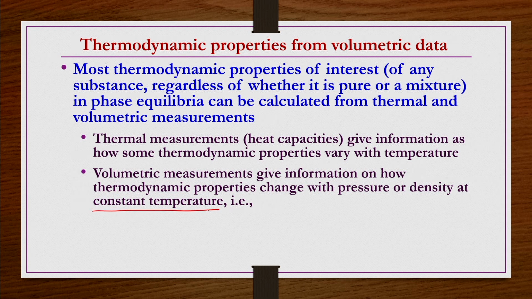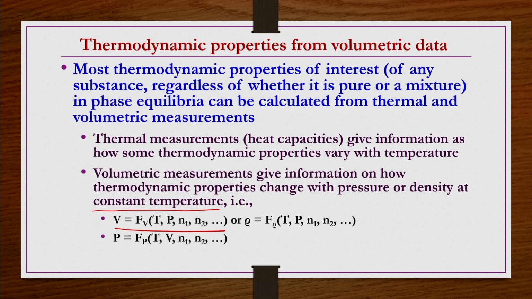Okay. That is, if you have information on this V as a function of temperature, pressure and composition, or if you have this function P as a function of temperature, volume and composition, then we can make use of either of this information, and then we can find out any thermodynamic properties.